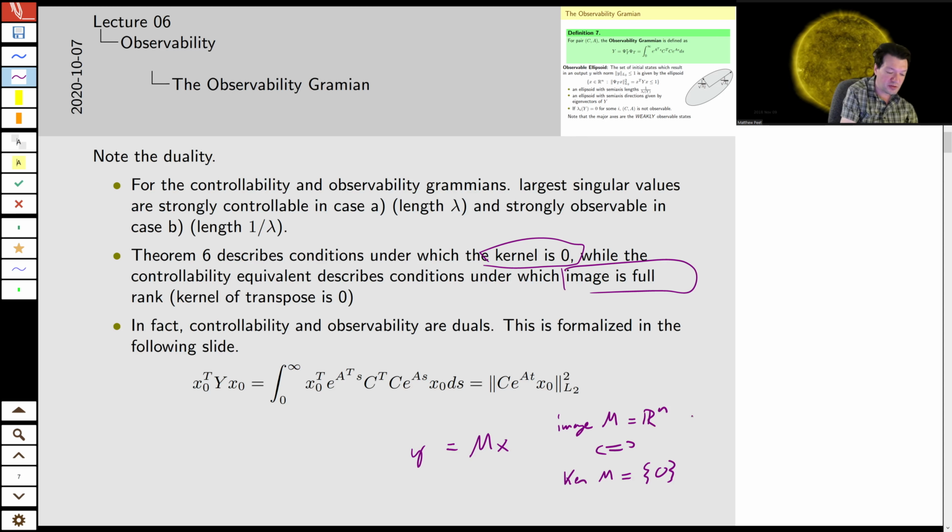You can also interpret it this way. The image of M is all of R^n if and only if the perp space of M transpose, the set of vectors which is orthogonal to the image of M transpose, the kernel of M transpose, is 0.